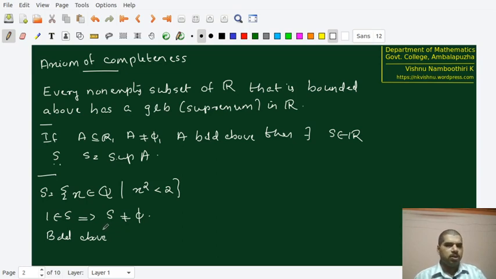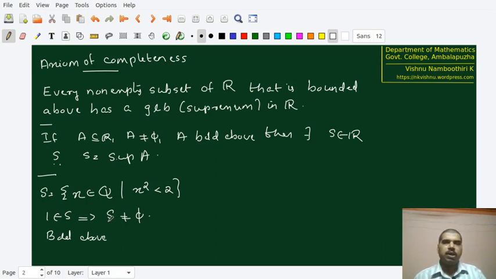Though we are not going to prove it right now, it becomes clear later that the supremum of S is going to be equal to the square root of 2, but the square root of 2 is not there in Q. The square root of 2 is an irrational number that we have already proved.